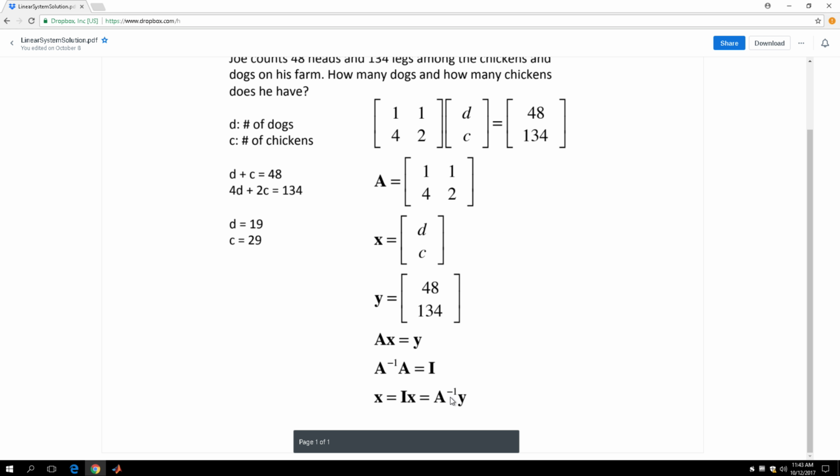So if we can come up with A -1 times y, then we have solved the equation, right? We got an explicit representation of x, right? And then the difficulty is just how do we actually come up with the inverse, right? How do we actually construct the inverse, right?